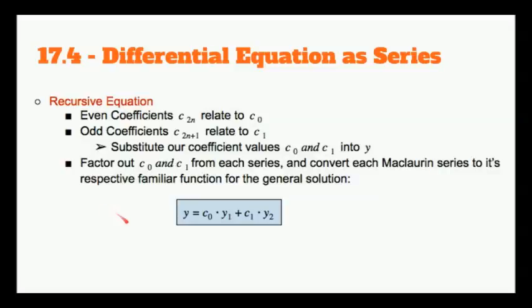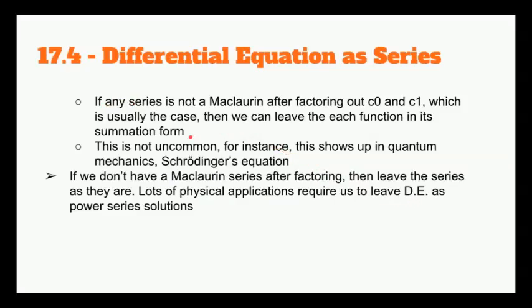For the general solution, we get y equal to c0 times y1 plus c1 times y2. If any series is not a Maclaurin series after factoring out c0 and c1, which is usually the case, then we can leave each function in its summation form.